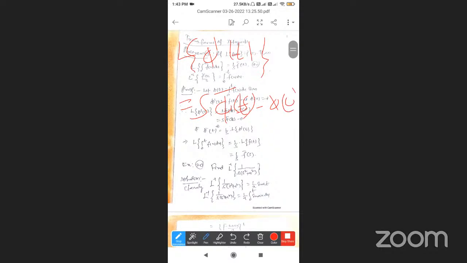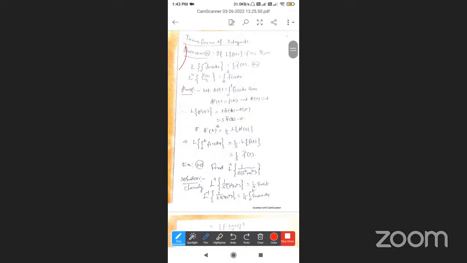Already phi of 0 is equal to 0, so we get s into phi bar of t.